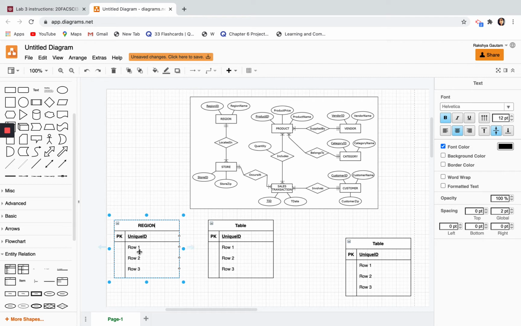Region has the primary key as region ID, and its attribute is region name.